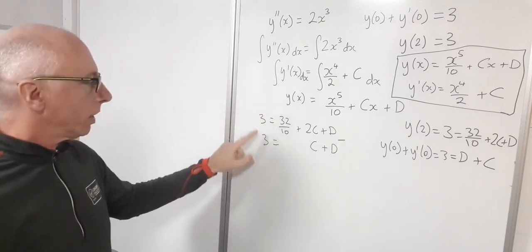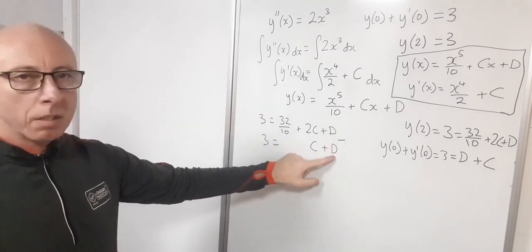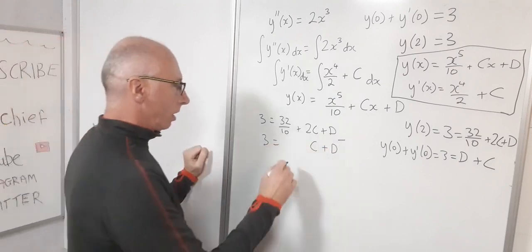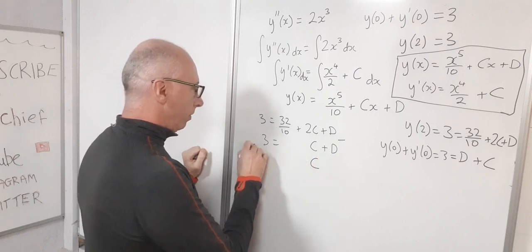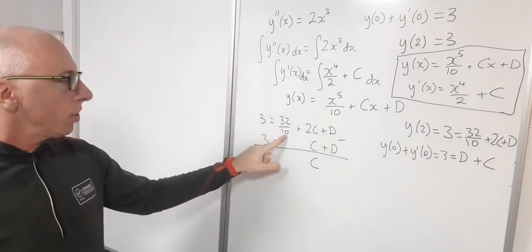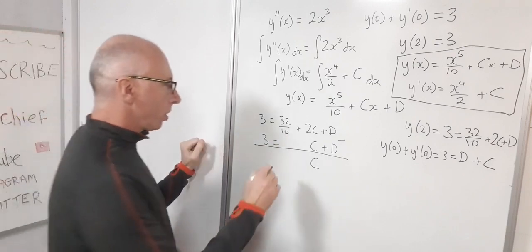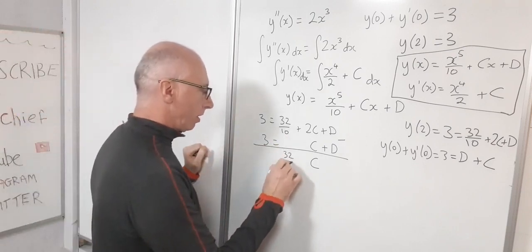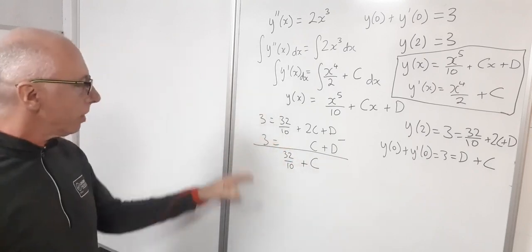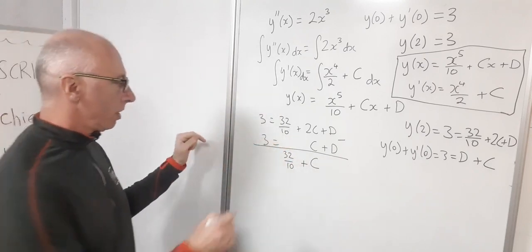If I subtract this one from this one, d minus d will disappear, and I'm left with 2c minus c, which gives me c. Then I've got 32 over 10 minus 0, which leaves me with 32 over 10, and 3 minus 3 is 0.